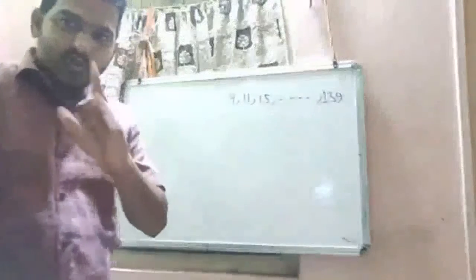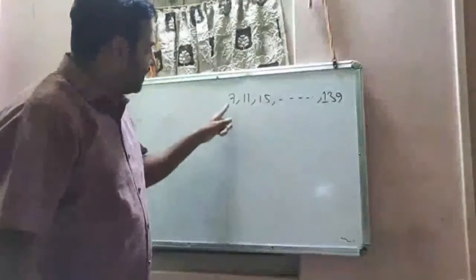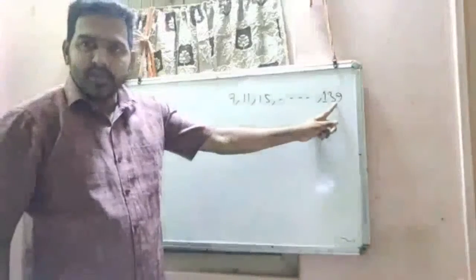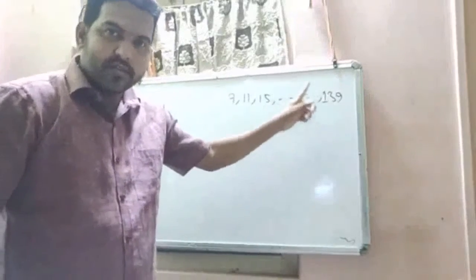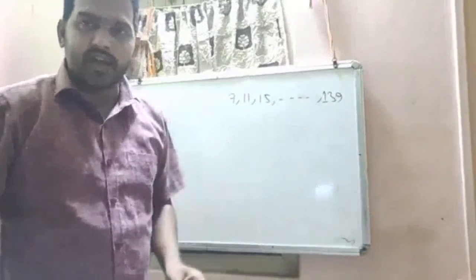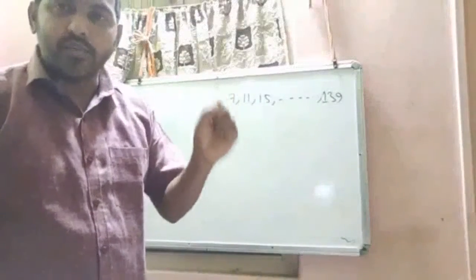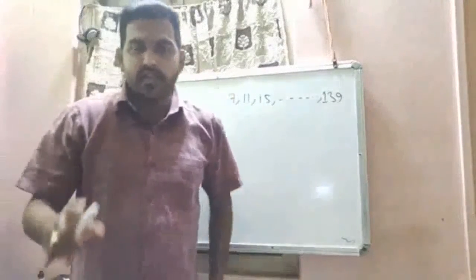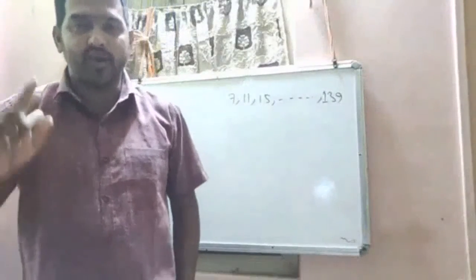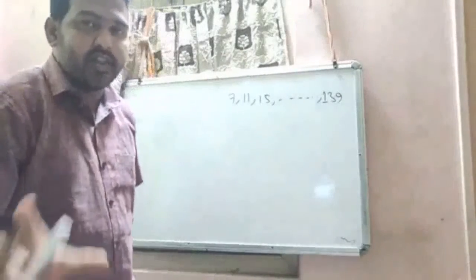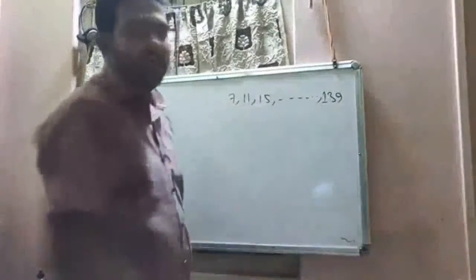Look at the AP again: 7, 11, 15, dot dot dot. The last term, that means the nth term, is 139. The first term is 7. So using the formula again, Tn is equal to a plus n minus 1 into d, we are going to find how many terms are lying between 7 and 139.